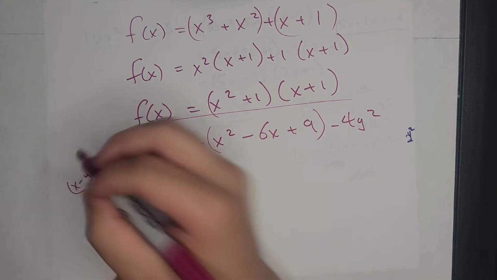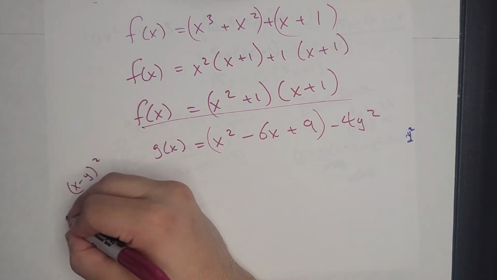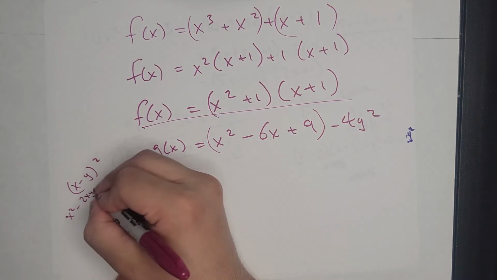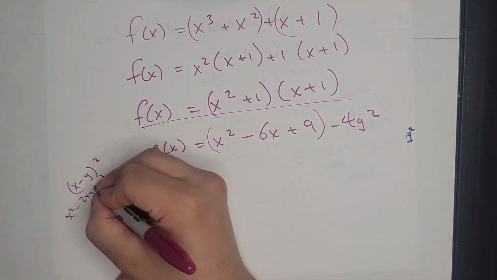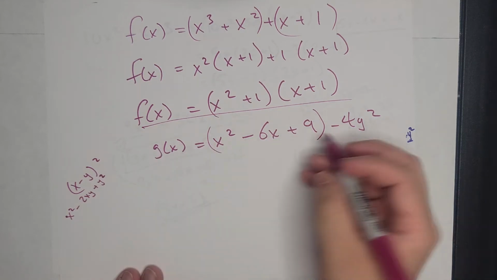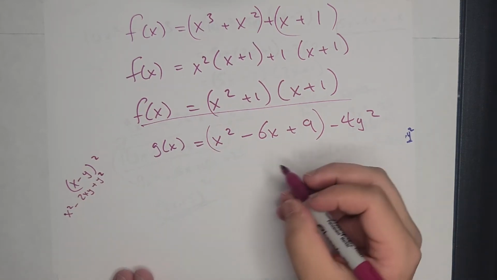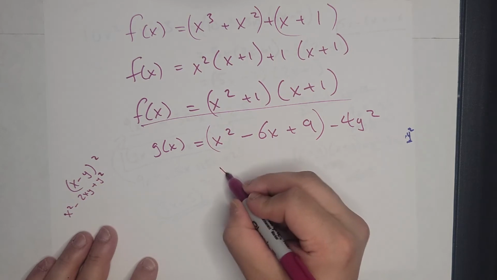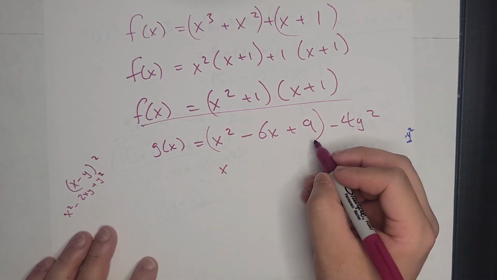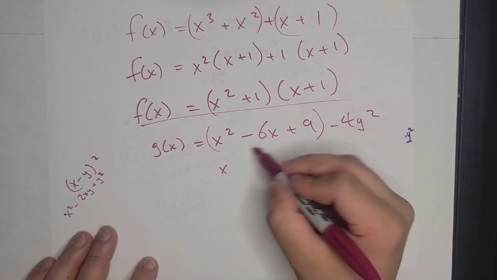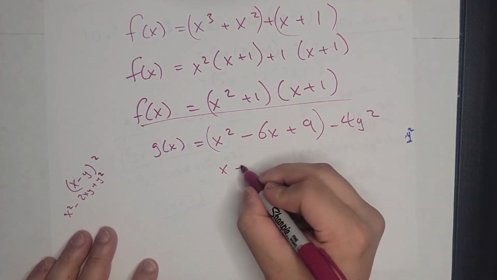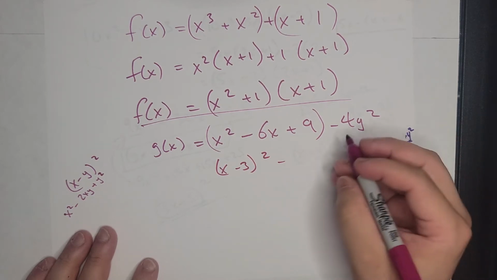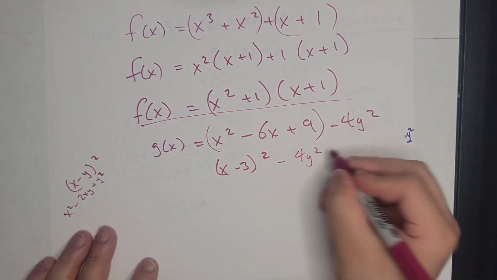Yeah, that'll give me one of those: x squared minus 2xy plus y squared. Negatives give me a positive product. So that should give me, by that logic, x, and then my y in this case is a 3. And now I'm left with 4y squared.